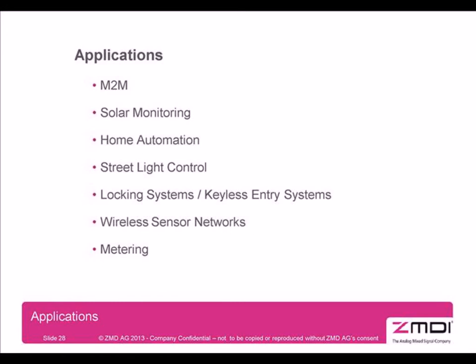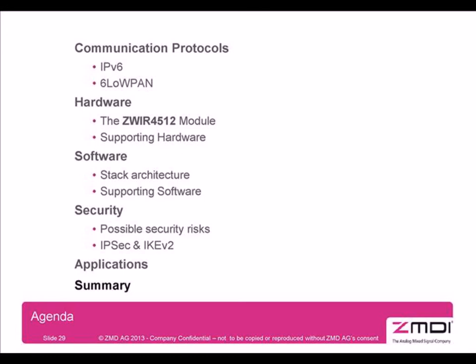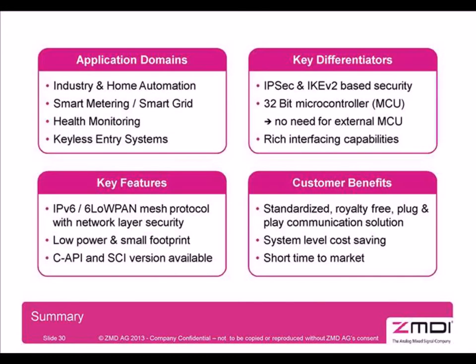Our IPv6 6LoWPAN implementation supports a mesh protocol and network with network layer security. Our module is optimized for low power consumption, and it also comes with a small footprint. We provide a C API and a serial command interface. The main benefits are that we only use standardized protocols.